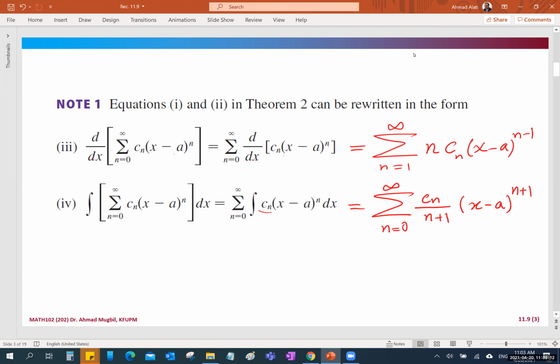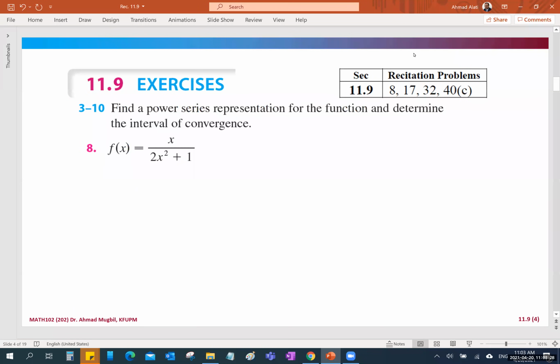The constant will be out of the integral, then you add 1 to the power and divide by the new power. This is Cn, the coefficient, not a multiplication. Okay, next, I think we are ready now to start solving the recitation exercises.